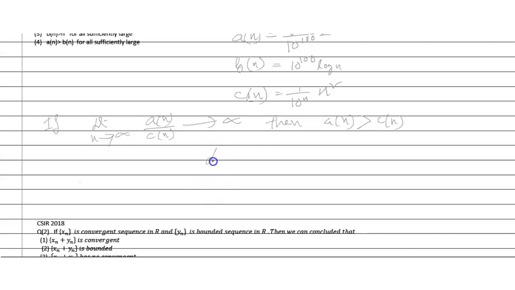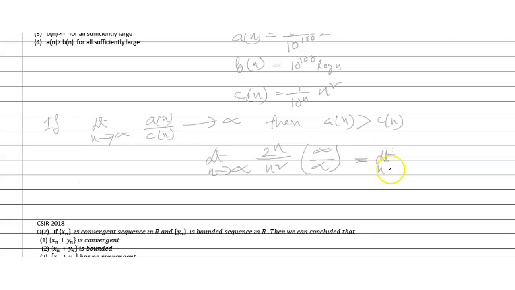limit n tends to infinity of 2 to the power n divided by n square. It equals infinity by infinity, and now we can apply L'Hopital.